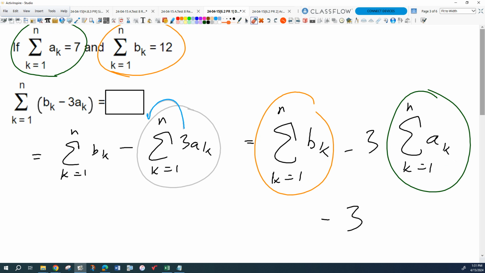So I get 12 minus 3 times 7. Yes. So 12 minus 21 is -9. What do you know?